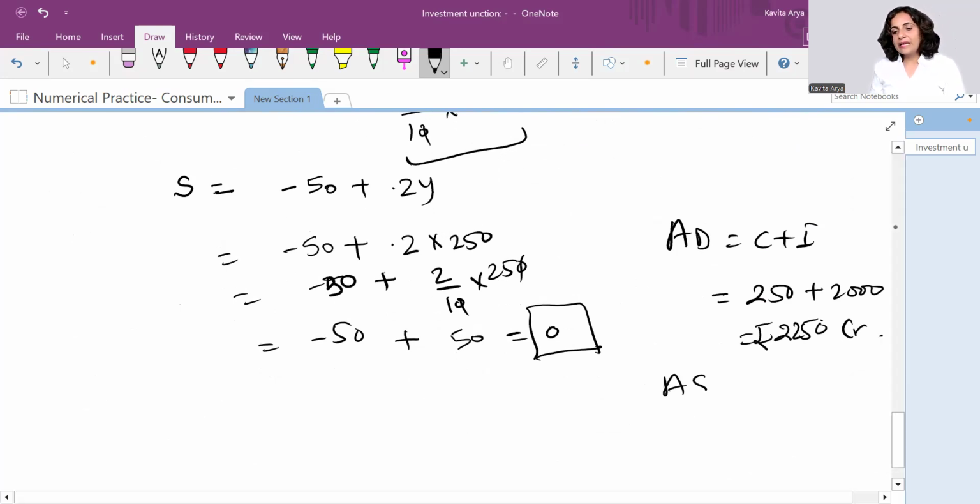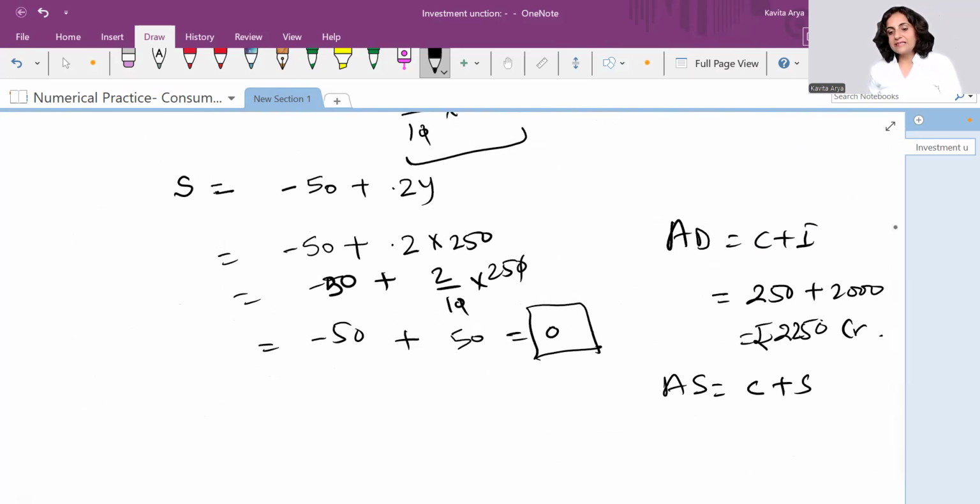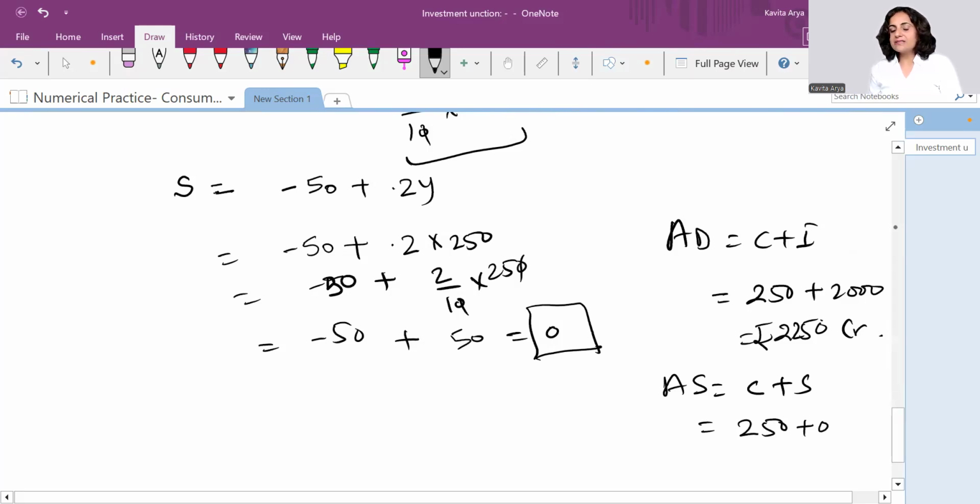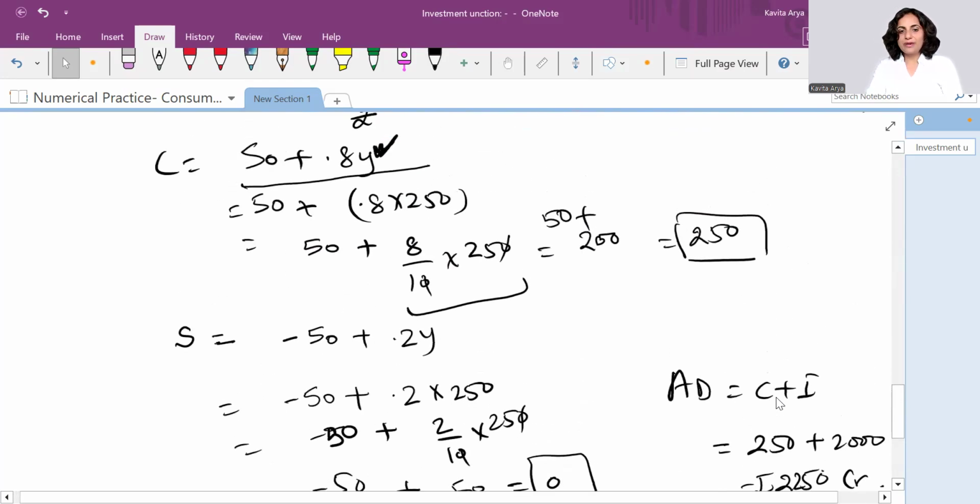Now, what is the value of AS at break even? So AS is nothing but C plus S. So consumption is 250 and savings are 0. Right, so this becomes 250. So AD is more and AS is short at break even.